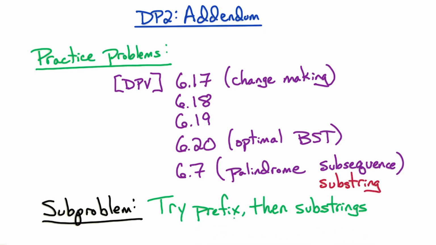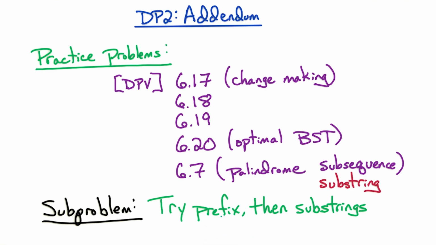This might lead to a faster algorithm, but it's good to get a valid solution first. Get a polynomial time algorithm using substrings if necessary, and then go back and think about whether substrings were actually required or not. It's better to have a correct algorithm, which is a bit slower, than an incorrect algorithm.